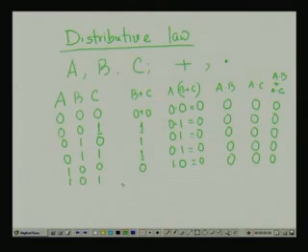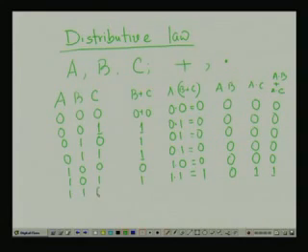Now, we do 1, 0, 1. So, B plus C is 1. Now, A dot B plus C becomes 1. Now, A dot B, 1 dot 0, is 0, but A dot C is 1. So, this becomes 0 plus 1, 1.